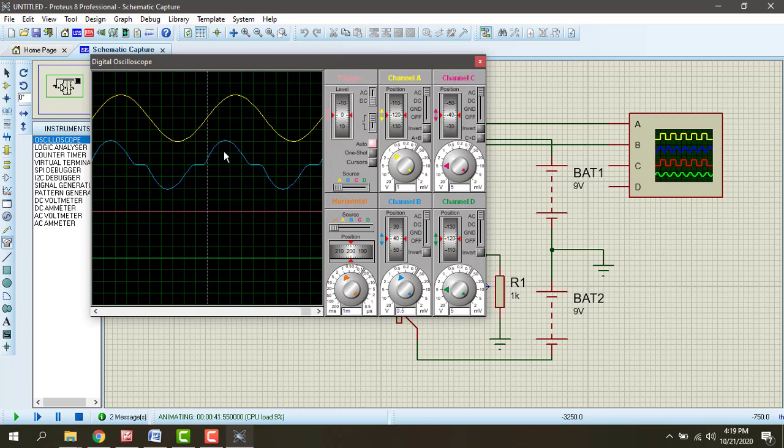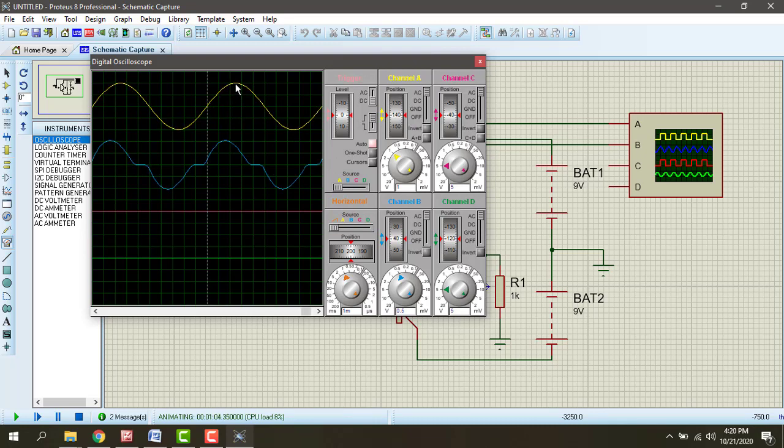So we should measure the time period as well as the voltage. So how to measure: we should adjust. Okay, so this dotted portion is the zero reference. The maximum value is here.